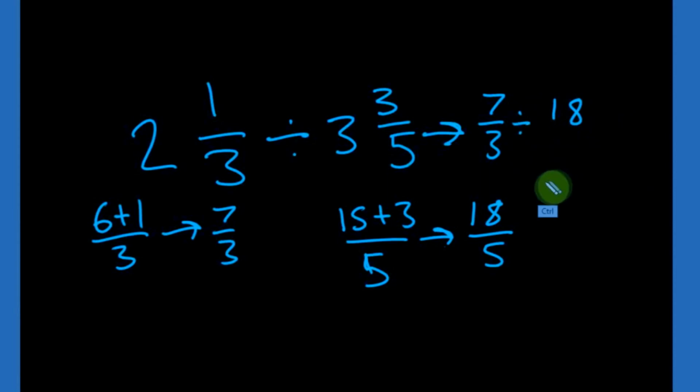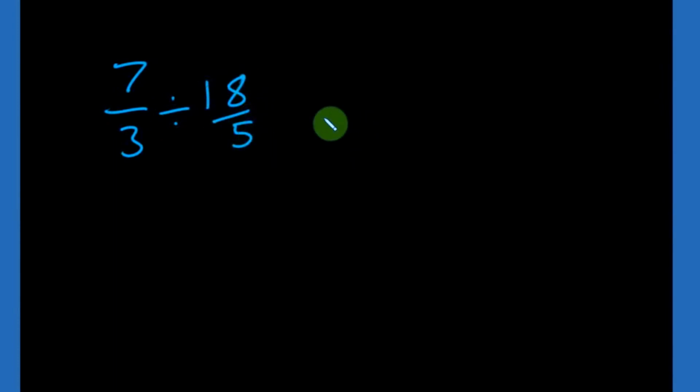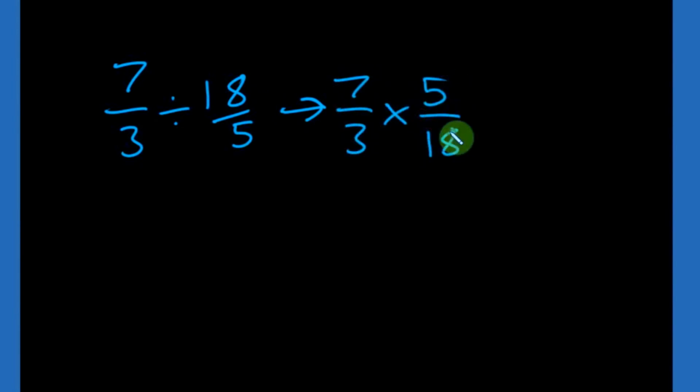So we had 7 over 3 divided by 18 over 5. What we do is flip the 18 over 5, and this is equivalent to 7 over 3 times 5 over 18.